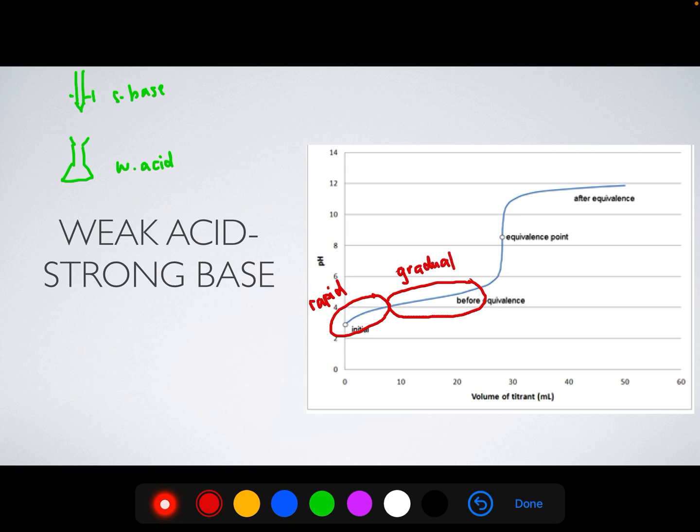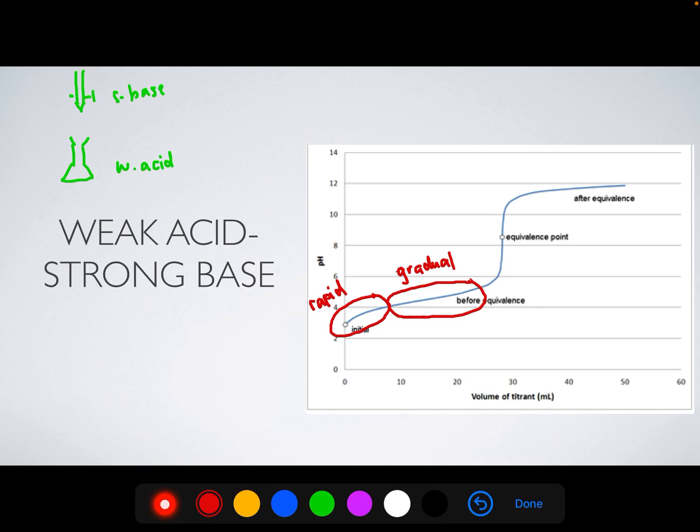Dia kerana sebab yang lebih kurang sama macam yang kita ada dalam strong acid weak base tadi, iaitu at the beginning of the titration, strong base tu akan jadi dominant kerana concentration of OH- yang tinggi. Bila kita tambah strong base dalam kita punya conical flask, the high concentration of OH- tu akan neutralkan banyak kita punya H+ from weak acid. Jadi pada waktu itu kita punya pH tu akan naik dengan agak banyak.